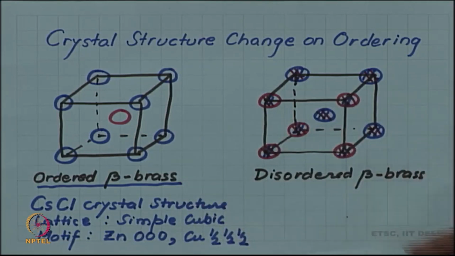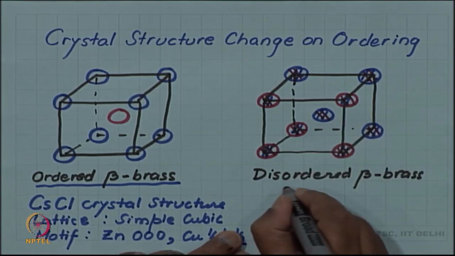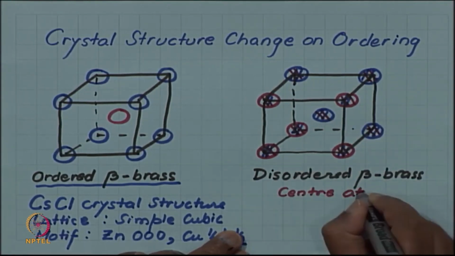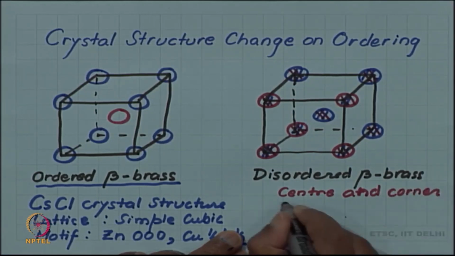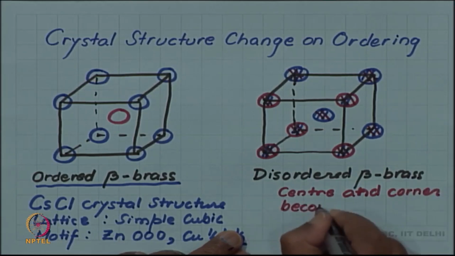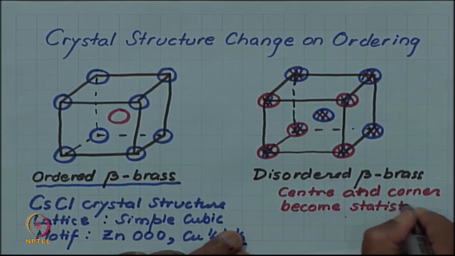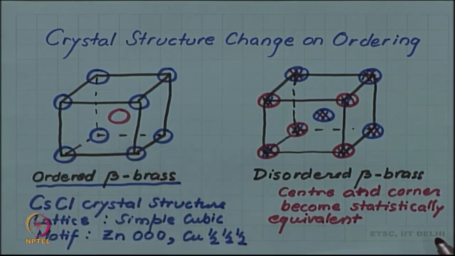So, for practical purposes, the center and corner become statistically equivalent, and in experiments this will behave like a body centered cubic structure.